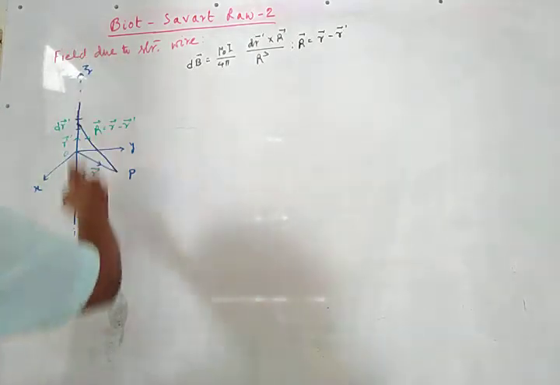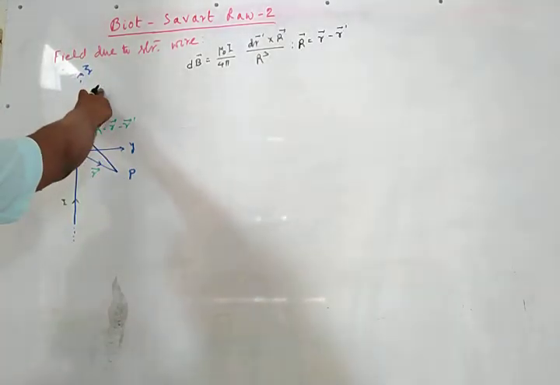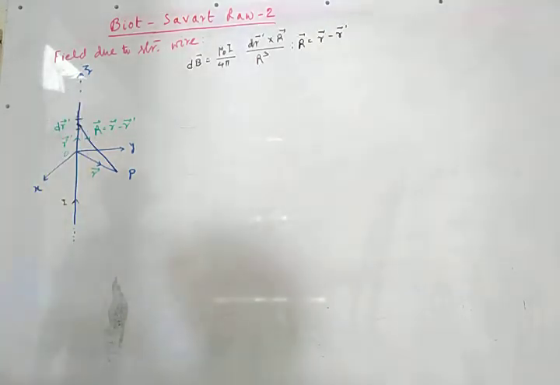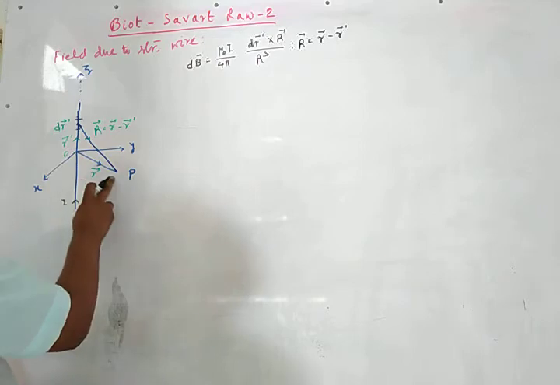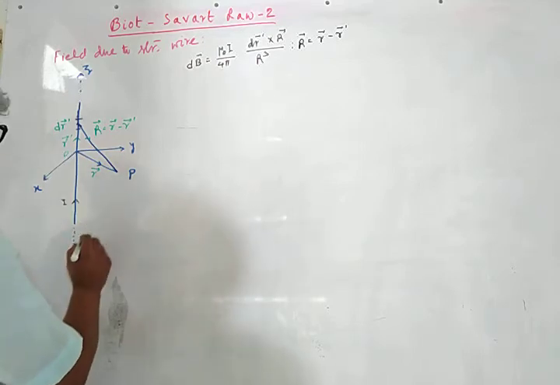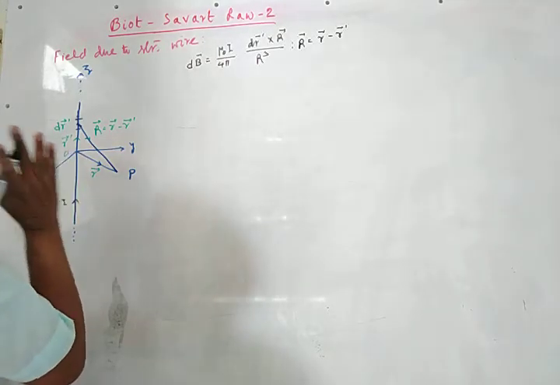We consider the wire to be along the Z axis. We are to find out the field at a point P which is at a distance rho from the wire.